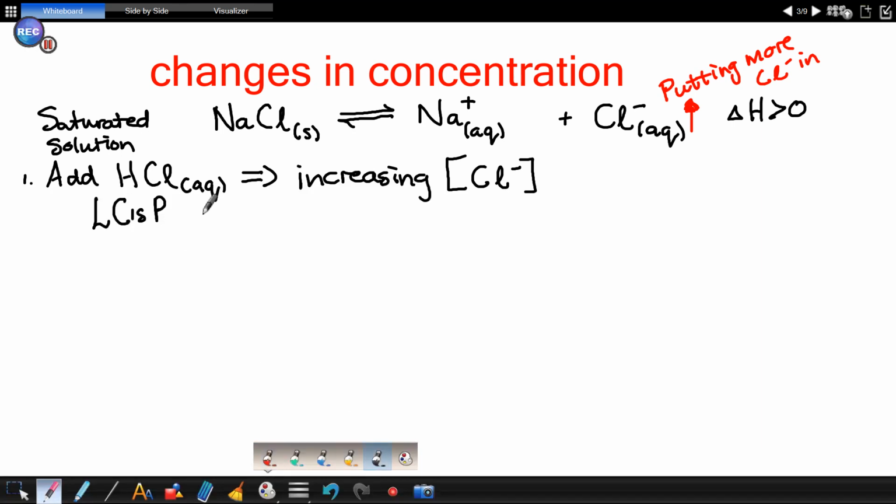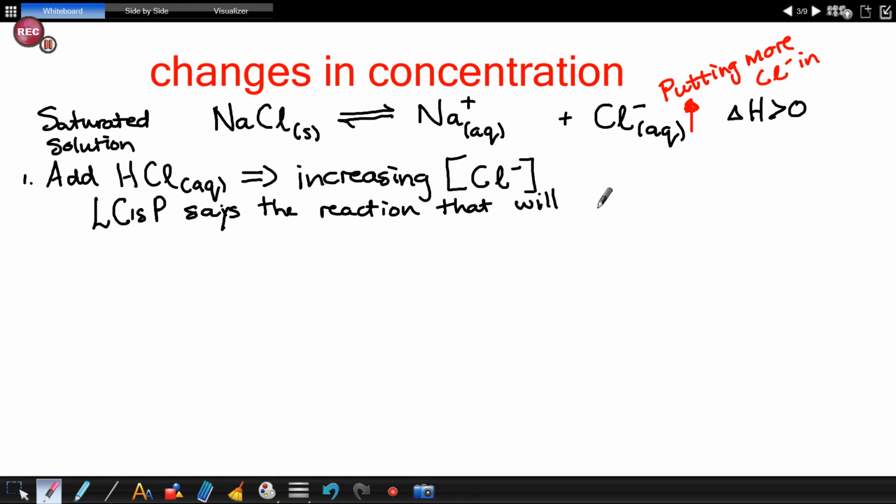So Le Chatelier's principle says the reaction that will decrease the concentration of chloride ions, in other words that will use up this added chloride, will be favored.